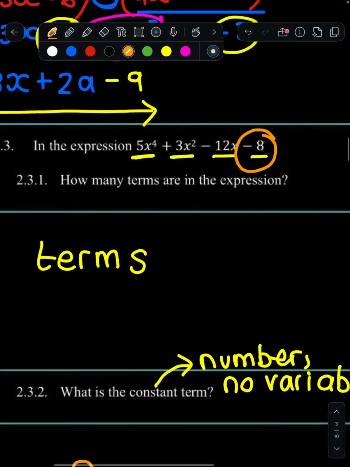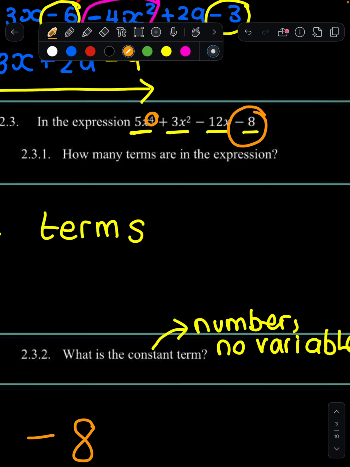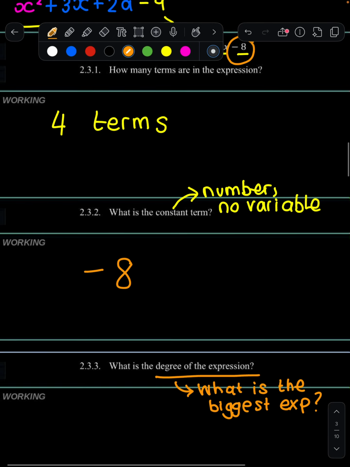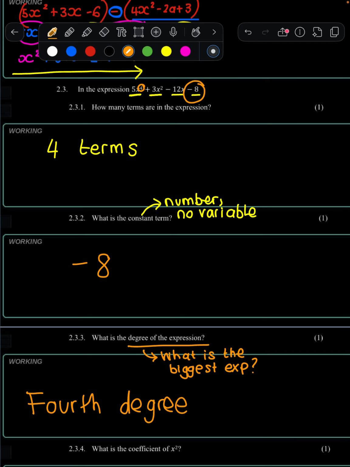If we look here, the biggest exponent we've got is this x to the power of 4. So the degree of this expression, we say, is the 4th degree. If the biggest exponent was a 2, you would say it's the 2nd degree. If it was a 3, you'd say it's the 3rd degree.